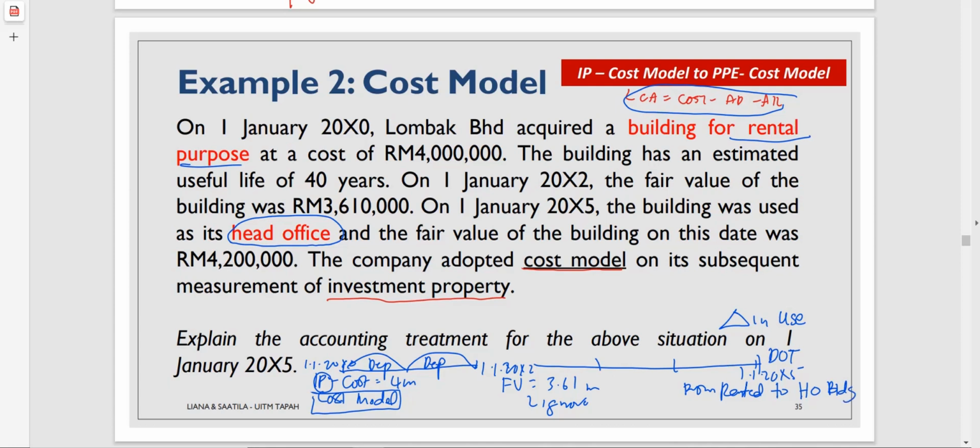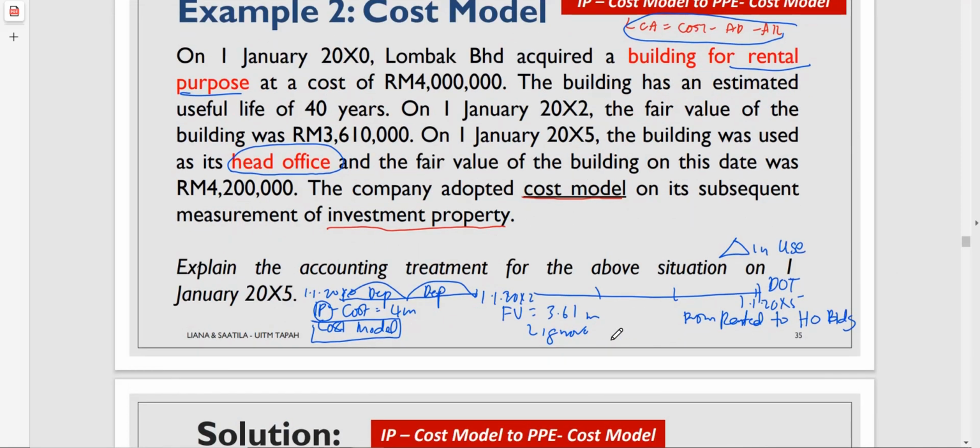So therefore, a change from MFRS 140 to become an item under MFRS 116. And the fair value of the IP building on the date of transfer, which is on 1st of January 20x5, was 4.2.